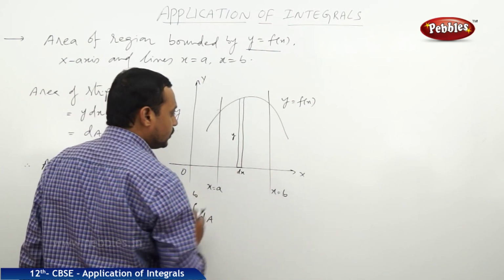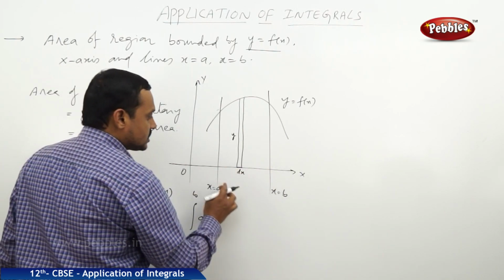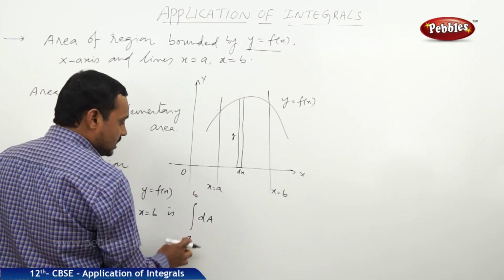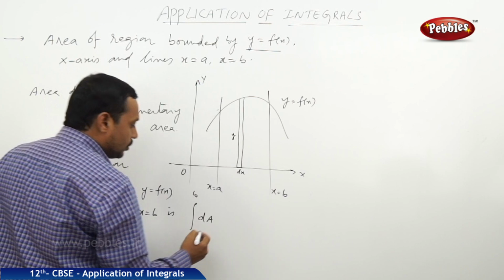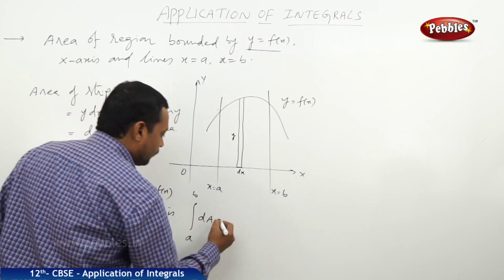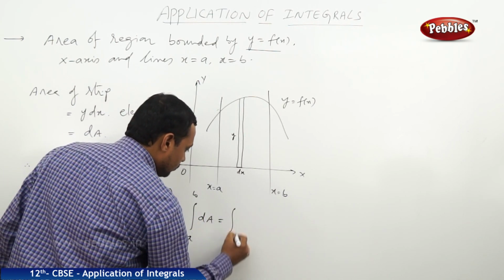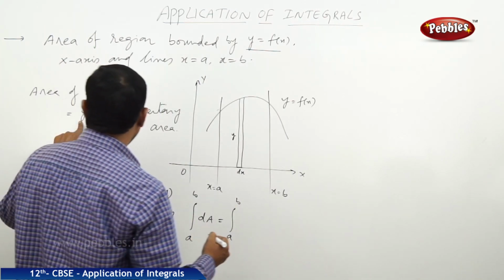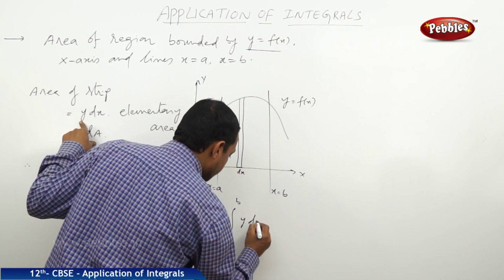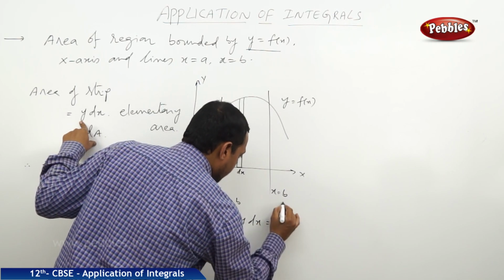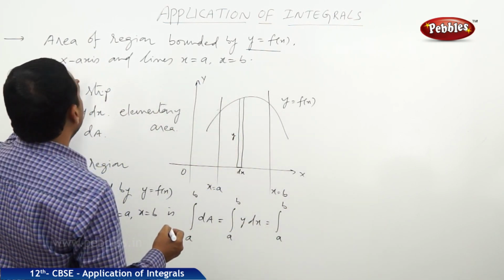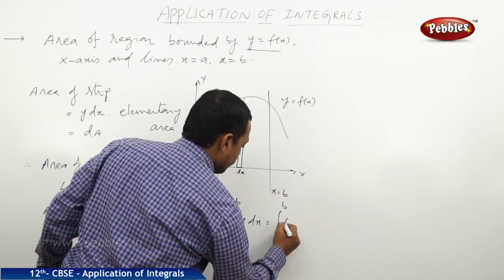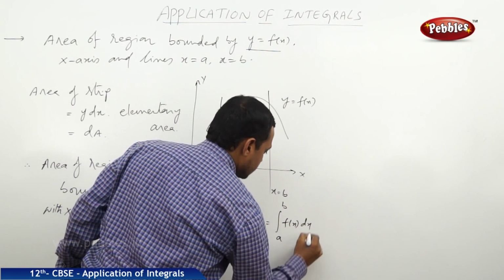It is the sum to infinity, that is integral a to b dA, which equals integral a to b, but you know dA is equal to y dx, that is equal to integral a to b, where y is equal to f of x, into dx.